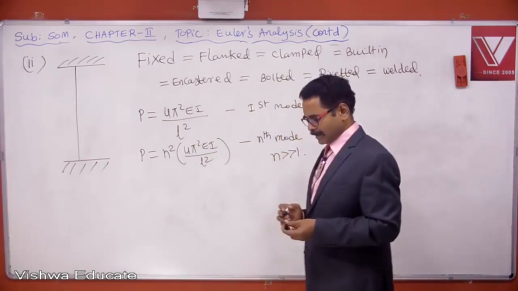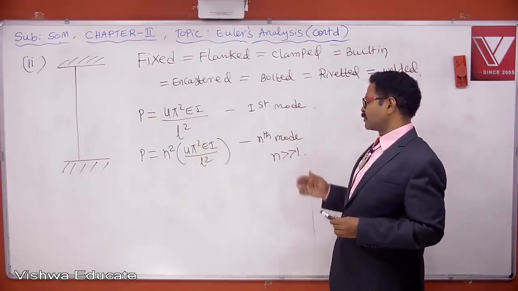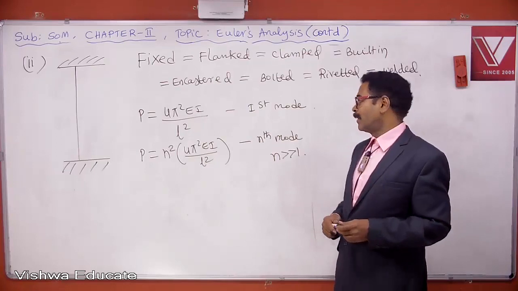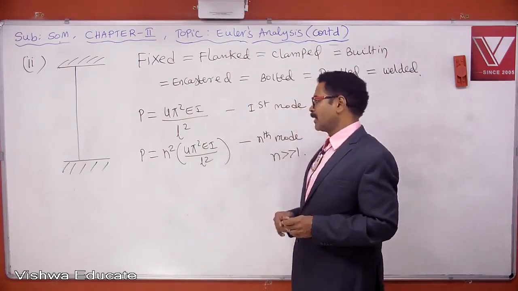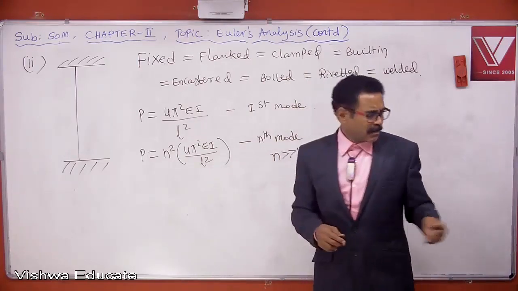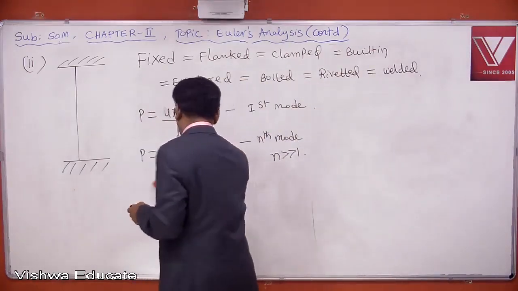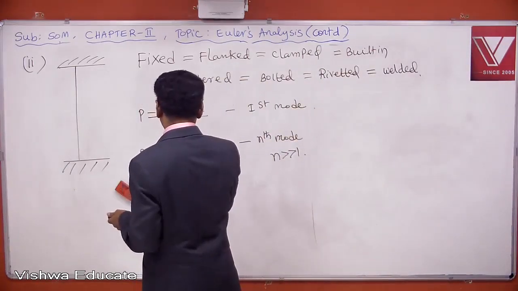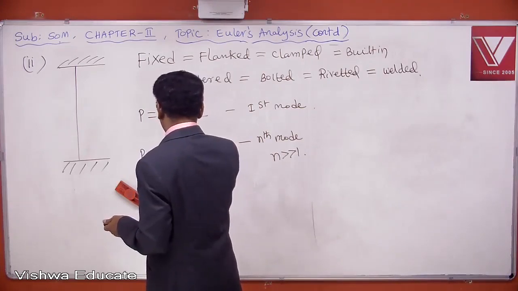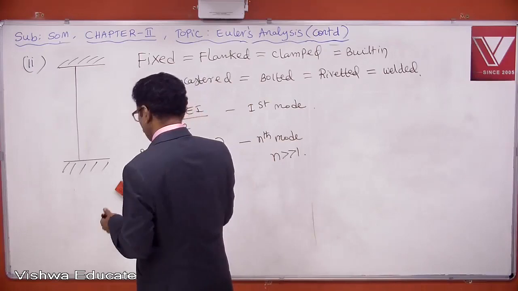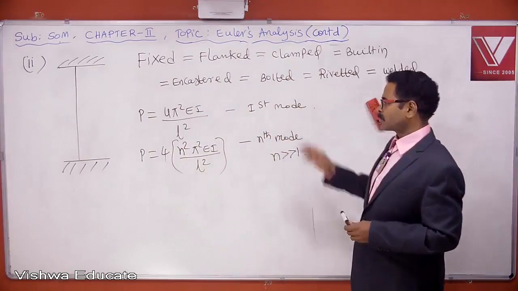if N is very much bigger than 1. When N is very much bigger than 1, approximately we can find the critical load by using this formula, N square into 4 pi square EI by L square. You may write it as N square pi square EI by L square, multiplied by 4, then you will understand. Please copy these two.